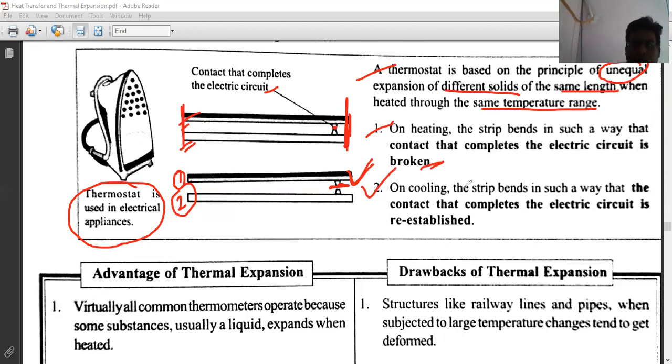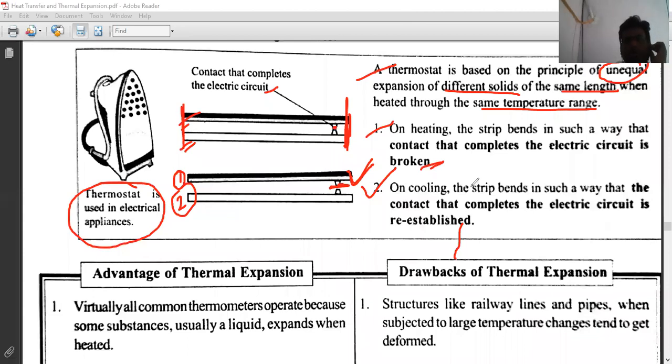The second one is on cooling, the strip bends in such a way that the contact that completes the circuit, right, is re-established.